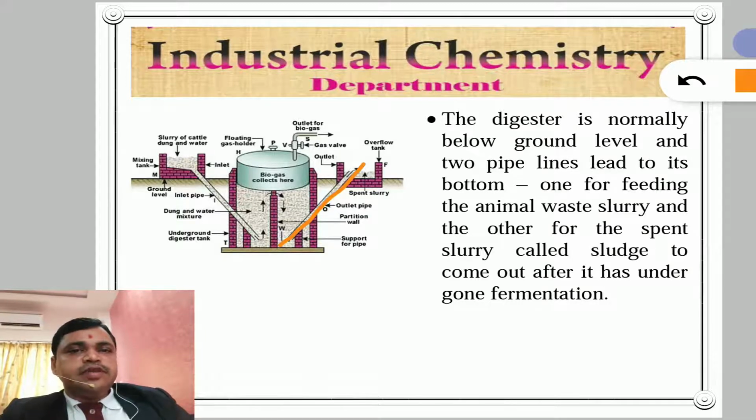The gas which is produced is stored in the floating type dome. This dome floats on the slurry, and the produced gas is stored in this plant.